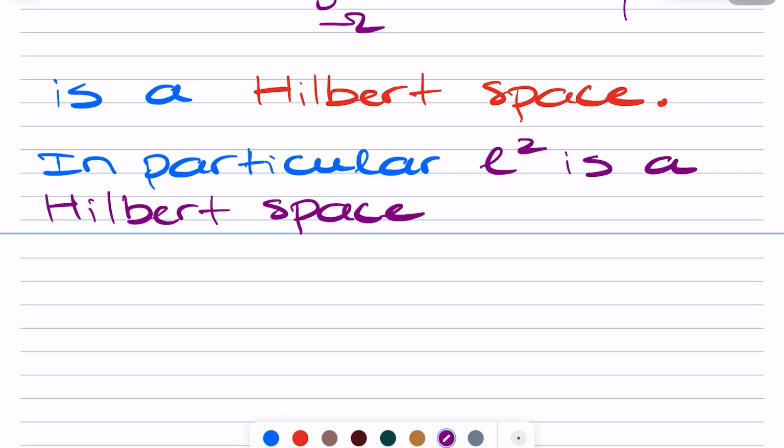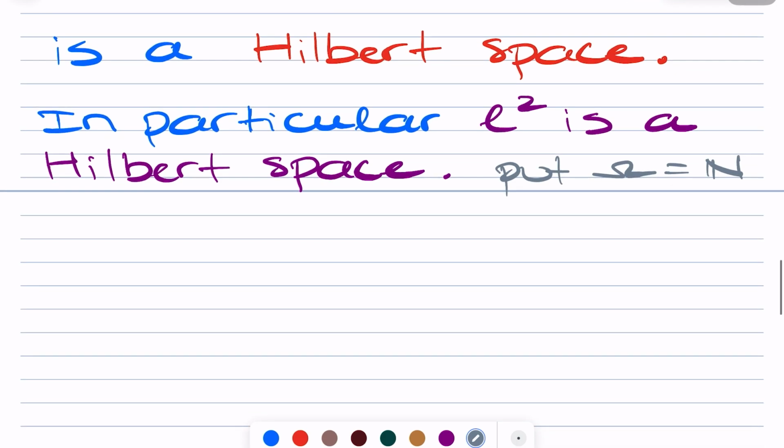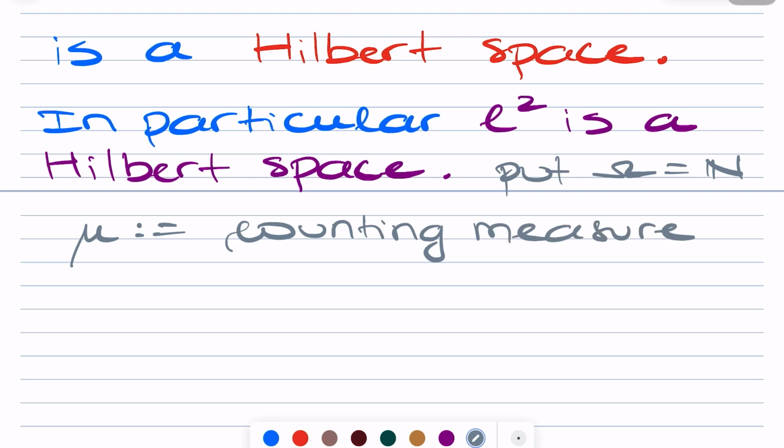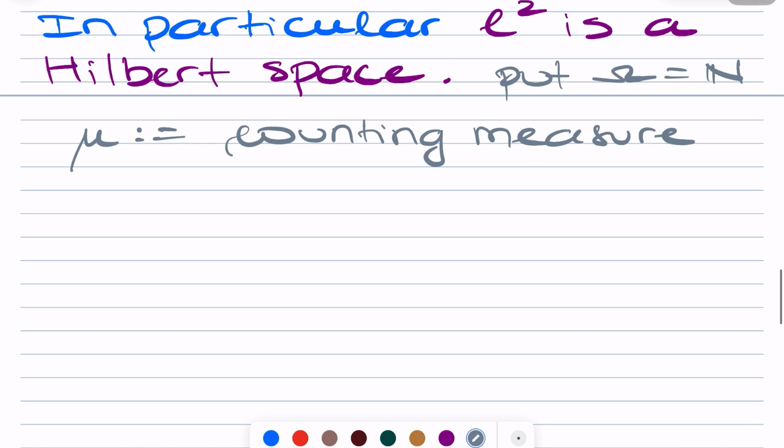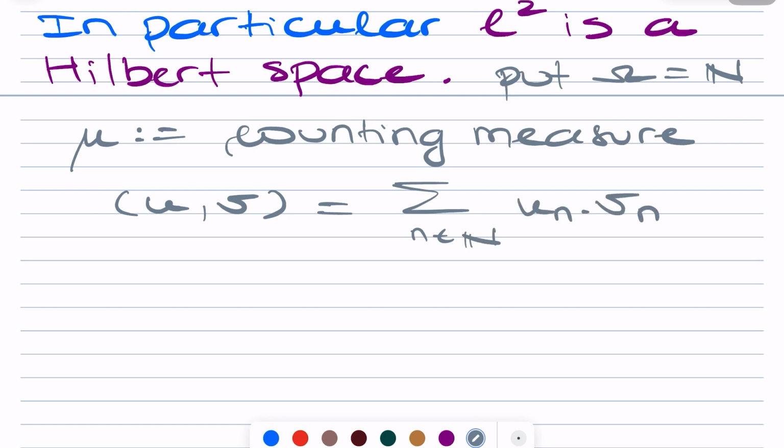You just need to put omega to be the natural numbers, and the measure mu should be the counting measure. The scalar product will be defined, taking two elements of small l2, as the summation over n of un times vn.